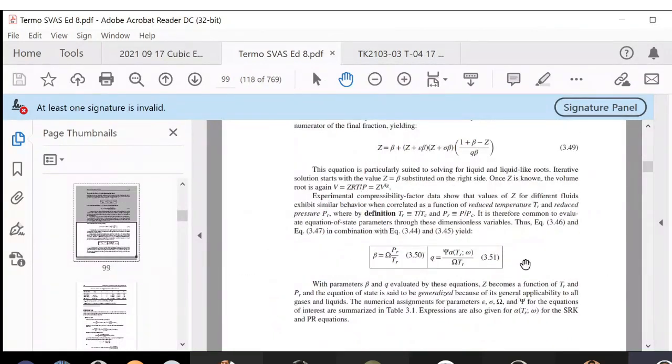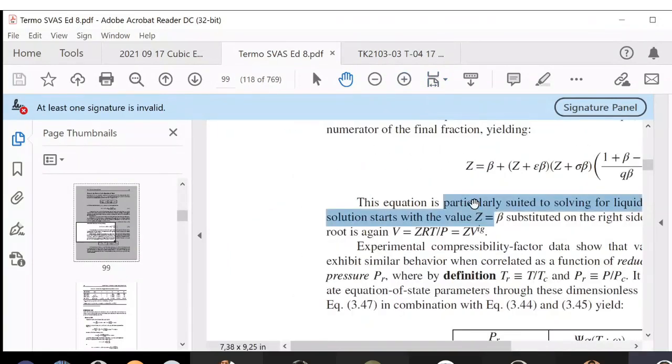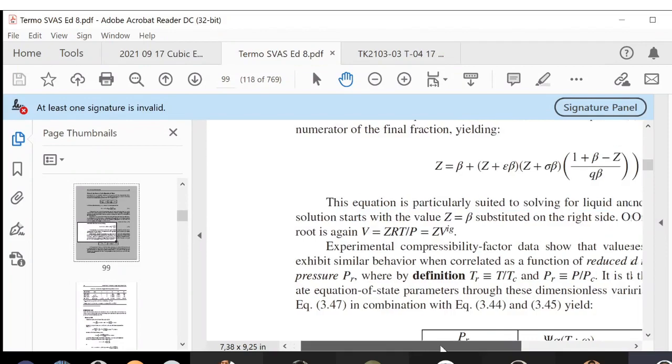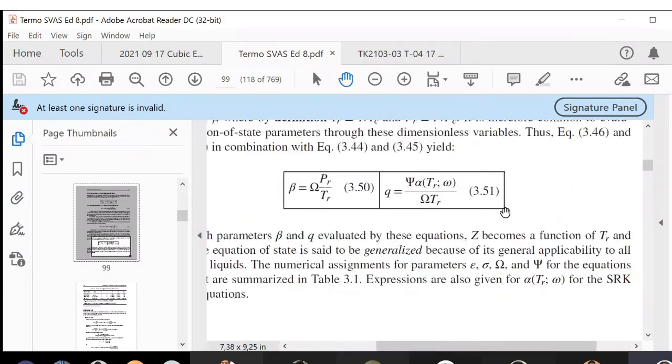Okay, this is the equation 3.51. Let me make it bigger. Okay, this is equation 51.